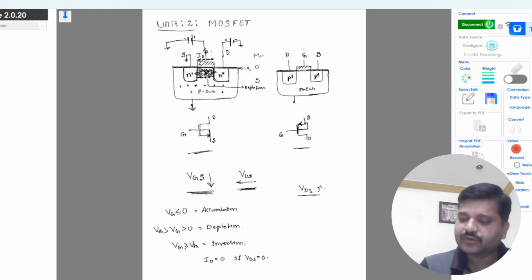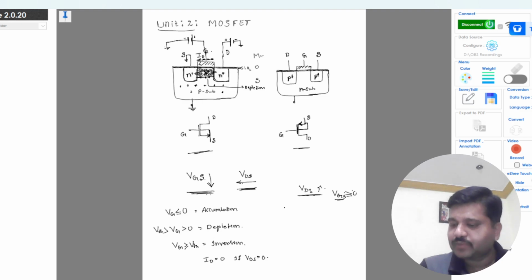So corresponding to this VDS, we have different regions of operation again. Before we start giving the VDS, we have applied a particular gate voltage VGS, above threshold voltage, and it is constant before you start giving the drain to source voltage.